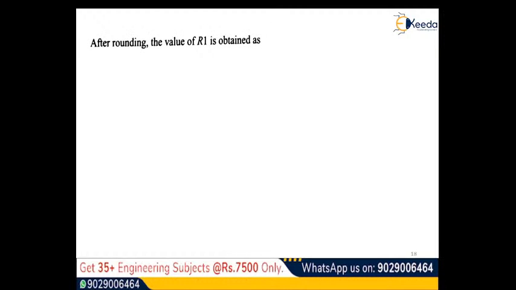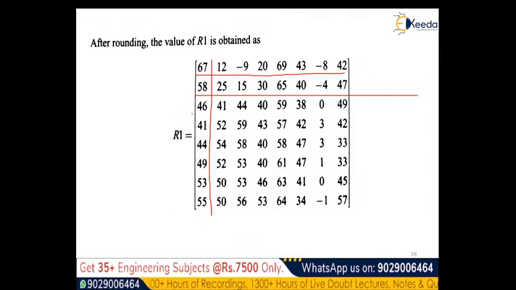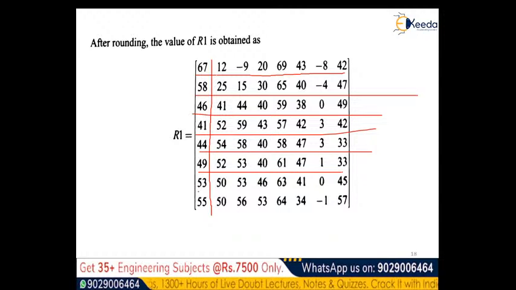So after rounding, capital R1 will be the same notation for the result here, and R1 will be given as, in the first row, 67, 12, minus 9, 20, 69, 43, minus 8, 42. In the first column after 67 we have 58, 46, 41, 44, 49, 53 and 55 here. So this way the rest of the values, total 64 values, we have in this matrix representation here.